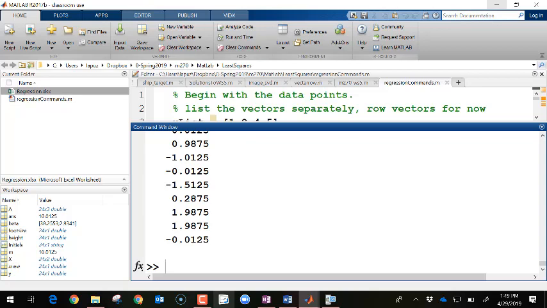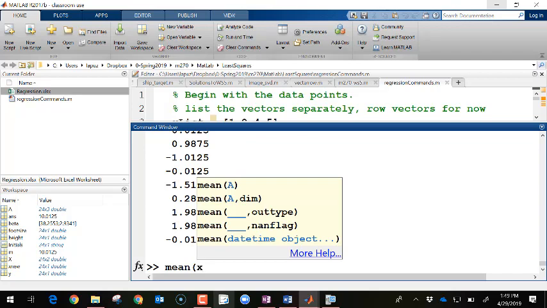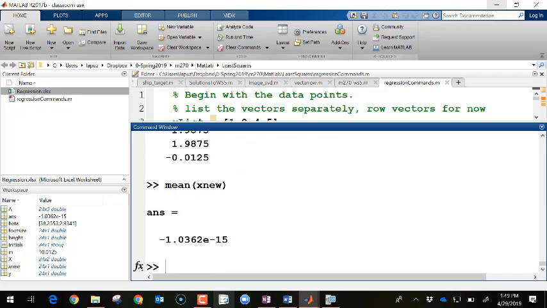Nope, didn't give me an error. So if I shift this by subtracting the mean, I have a new list of X values now, right? And the average of X new should be 0. Well, that's close enough.